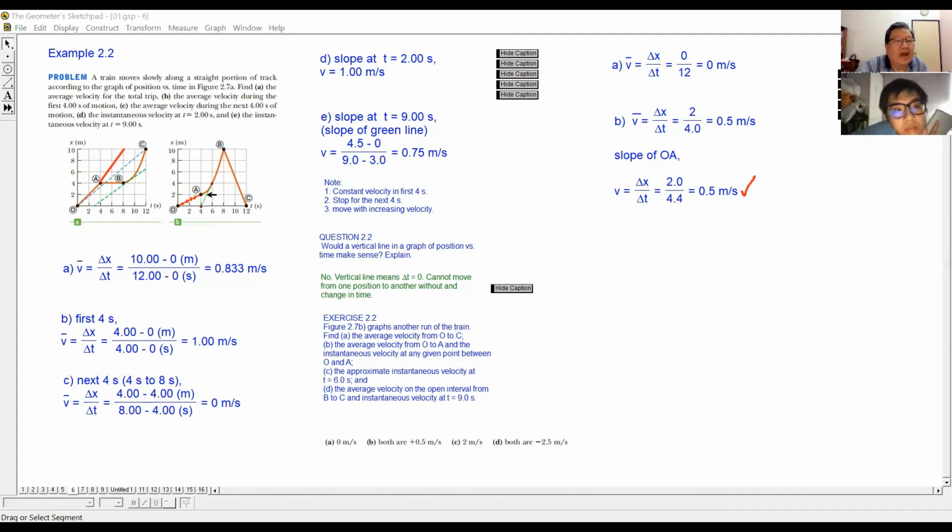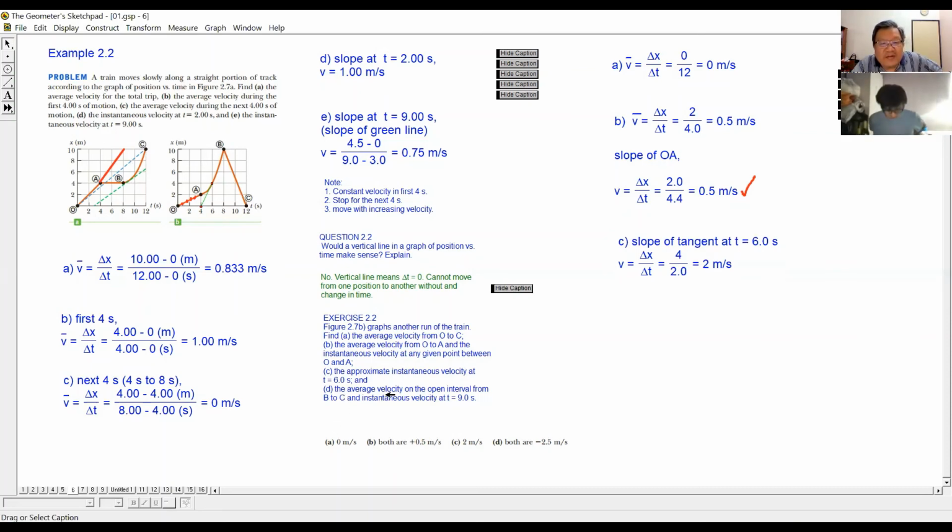Can you calculate the instantaneous velocity at this point, t equals 6? Two. Correct. So 4 divided by 2 is 2, correct. Then next part.